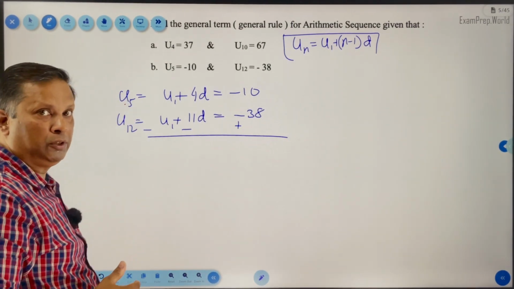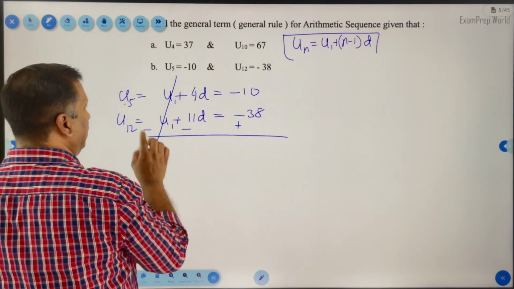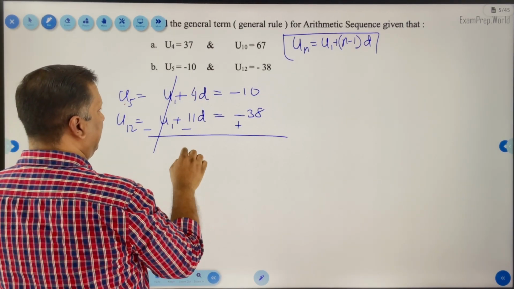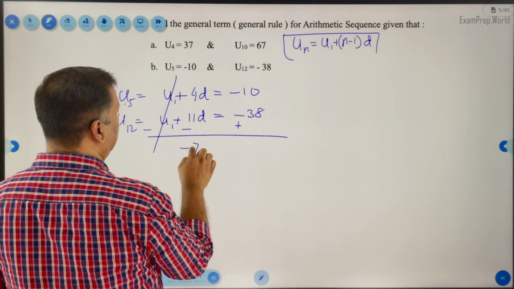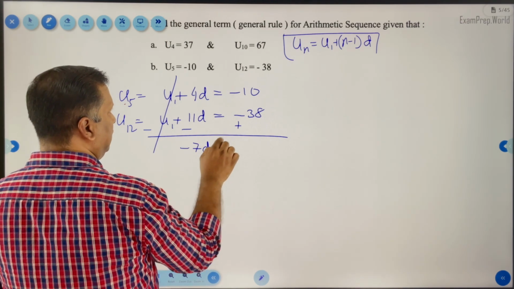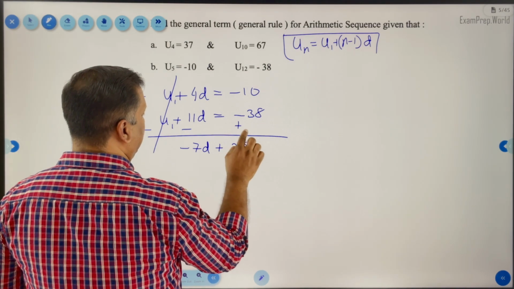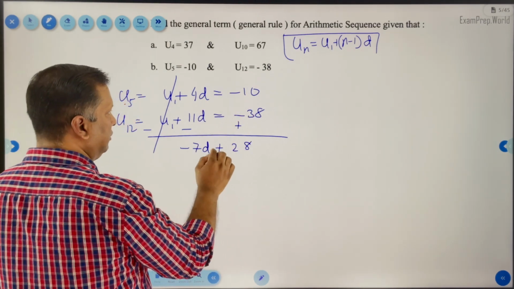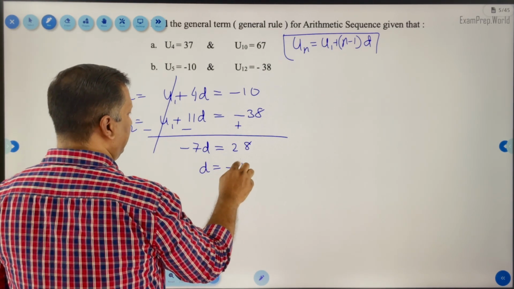When you are subtracting, all the symbols in the bottom one will change. So u1 goes. 4d minus 11d is negative 7d. And here it is plus 28, since 38 minus 10 is 28. So d equals negative 4.